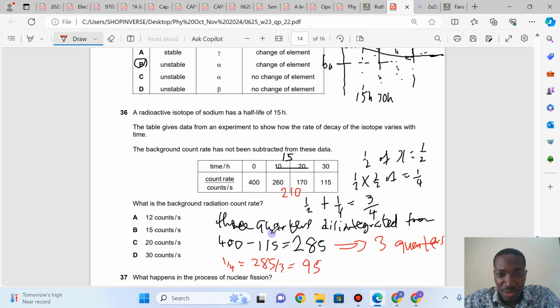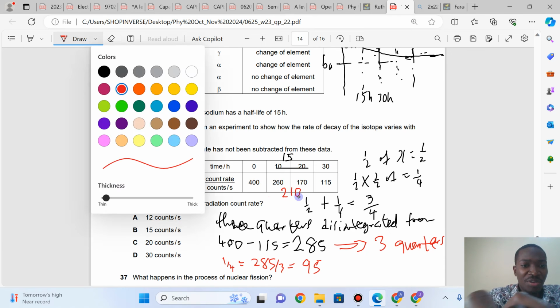Okay, so now the point has been made that after half-life, this is what I have left. Then after two half-lives, this is what I have left. How do I get the initial value now? After a quarter, this is what we have. After two quarters, this is what I have. So during the half-life, the amount that disintegrated is 190.